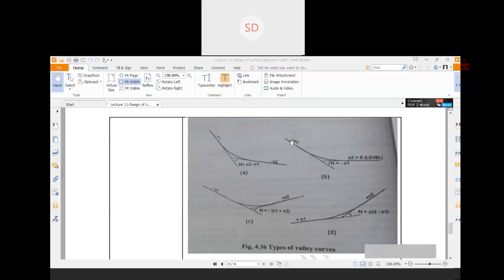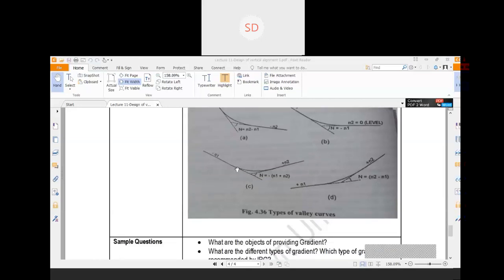Another one, suppose one downward gradient meets with a gradient of 0, that is n2 of 0. In that case also you can provide a valley curve with your deviation angle of minus n1.